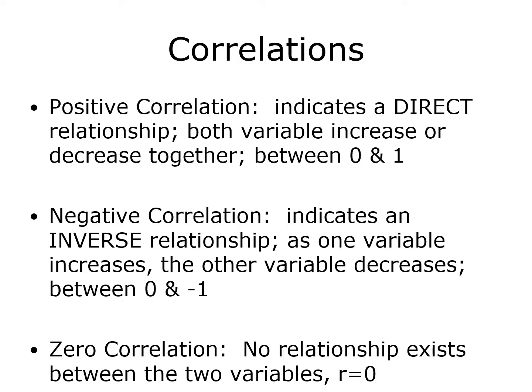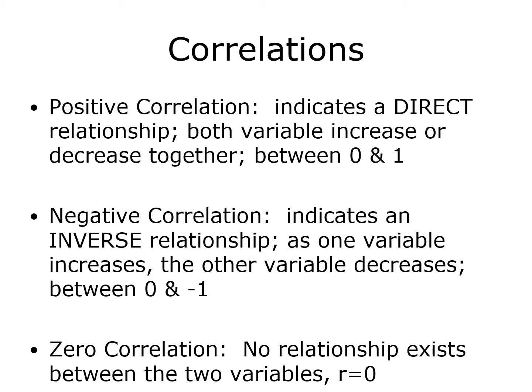We could look at the negative correlation then. As the number of tequila shots increased, what do you think I would expect to happen to their test scores? Their test scores would probably decrease. As the number of tequila shots increases, the test scores decrease, right? So it's inverse, meaning that they travel in opposite directions, and that's going to be between 0 and -1.